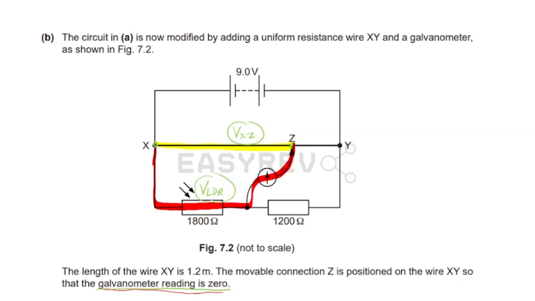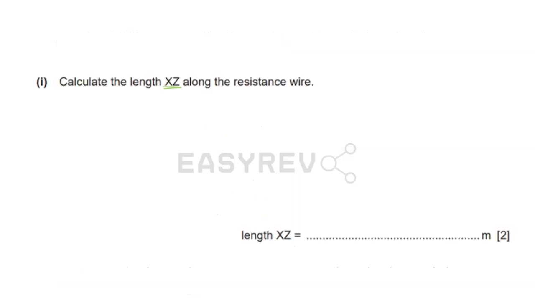In this case, that would be V LDR. So to solve this question, we need to highlight that the potential difference across XZ is equal to the potential difference of the LDR. And we have already figured that out using part A, which was 5.4 volts, right? Now using this, we can figure out the length, but then you might wonder, okay, how do we do that?